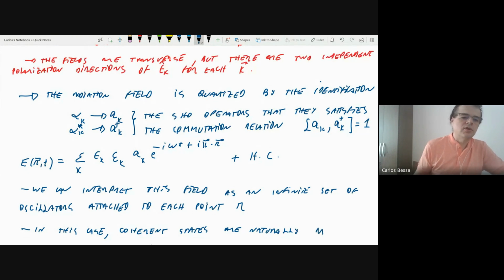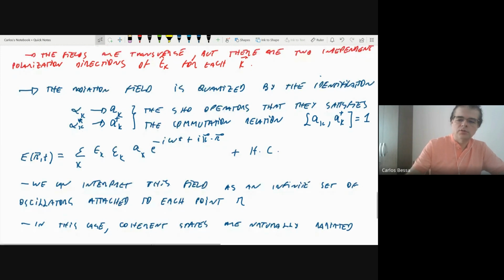Since we will define coherent states by this, we'll do this soon. So coherent states are naturally radiated. It's the radiation, right? The electric field.